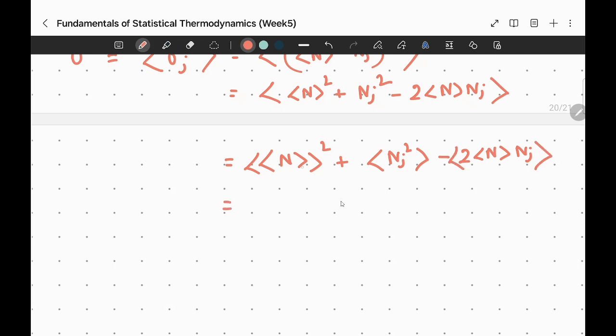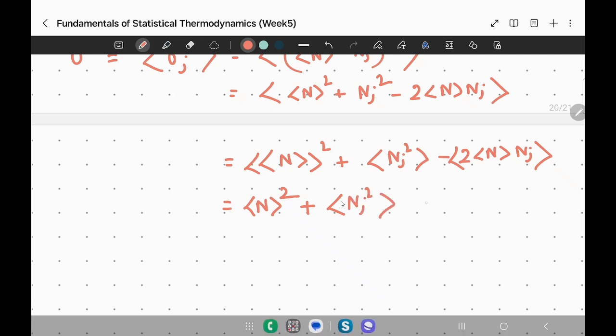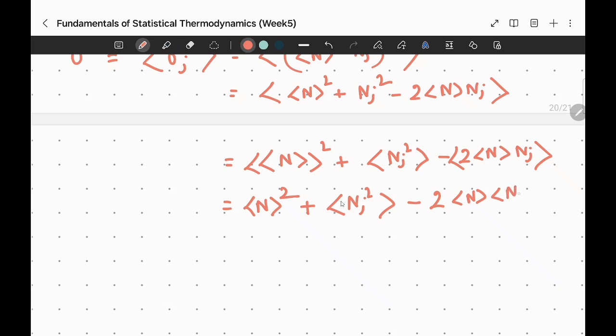The 2 times average does not mean anything, because the average of an average is just the average. The average of 2 is 2, and the average of n is n.